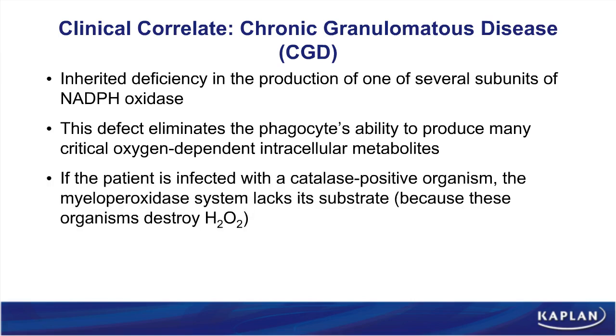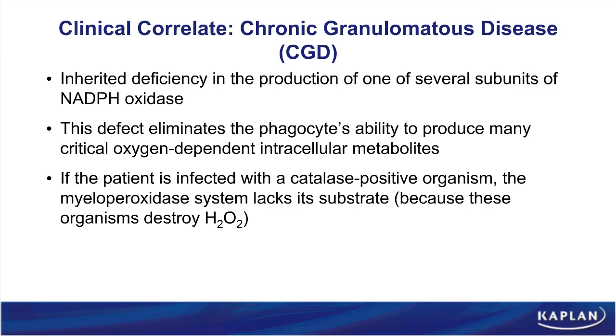And if the bacteria does not produce a catalase, then myeloperoxidase takes the ball and runs with it, takes that hydrogen peroxide, converts it into hypochlorite, and can kill the pathogen. But where we have problems are with the catalase positive bacteria because they essentially destroy that hydrogen peroxide, eliminating that as a substrate for myeloperoxidase.